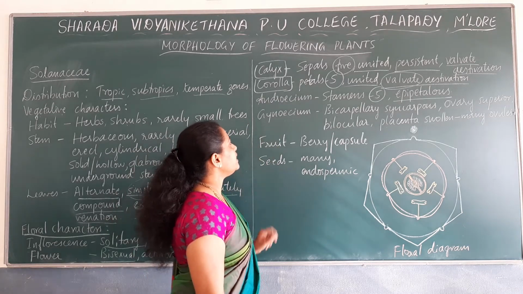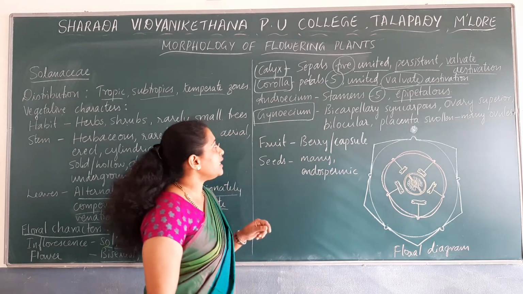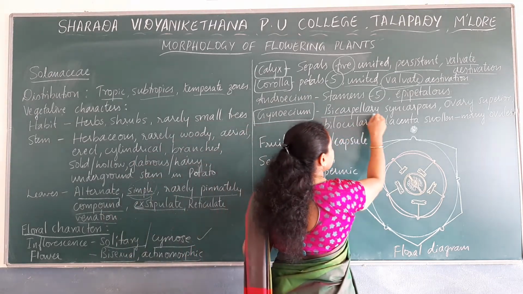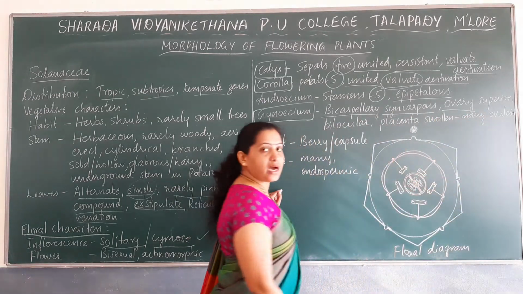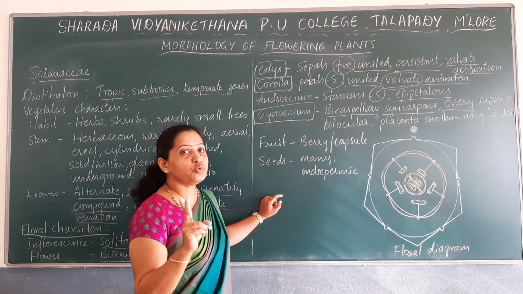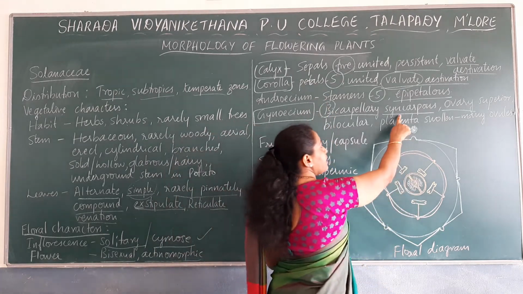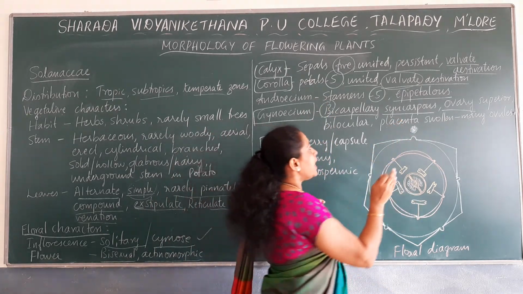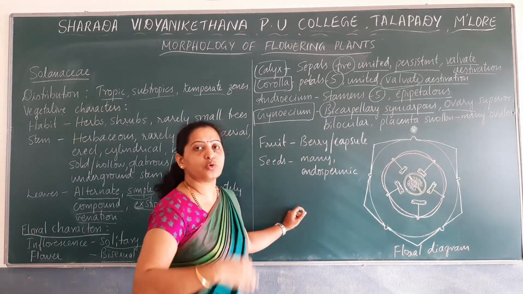Then gynoecium. Gynoecium is the innermost whorl of a flower. So gynoecium has a bicarpellary syncarpous ovary. What do you mean by bicarpellary? Gynoecium has 2 carpels. Bi refers to 2 carpels. Syncarpous, carpels are fused, and ovary is superior, so hypogynous ovary.